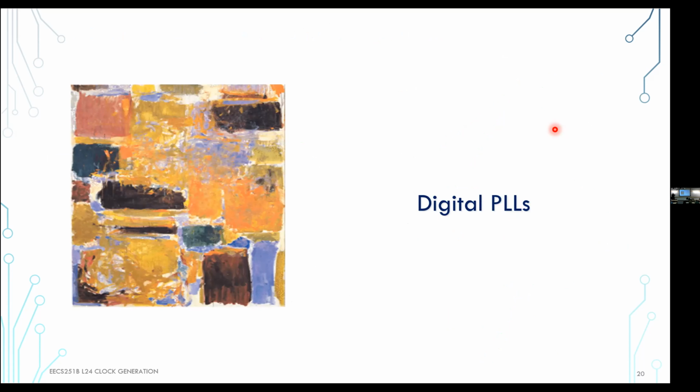This hopefully gives you some understanding of how the PLL works as a control system. So far we've looked at the analog/mixed-signal version of a PLL, where we detect the phase signal, turn phase error into pulses, integrate these pulses to get the voltage control, and then use that voltage to control an oscillator.